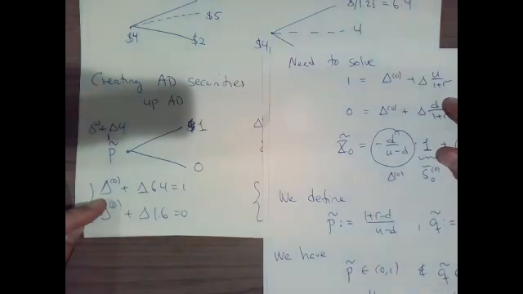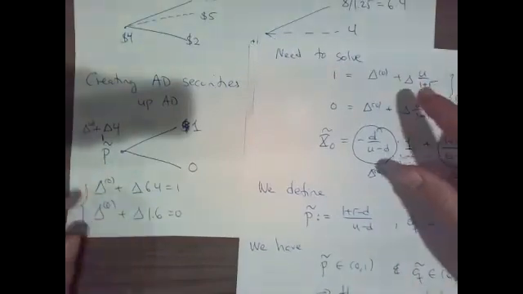So if I was to plug in the negative D over U minus D for the delta naught, and the 1 plus R over U minus D for delta, and then multiply that by 4, I should end up with the P tilde of 1 plus R minus D over U minus D.